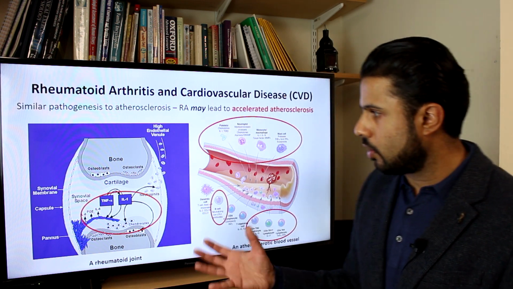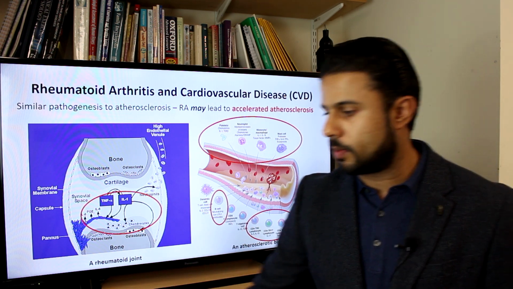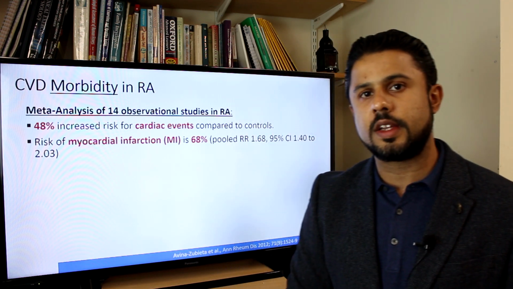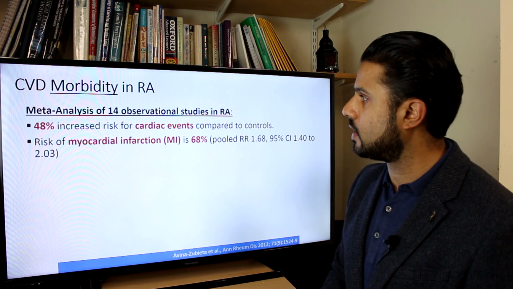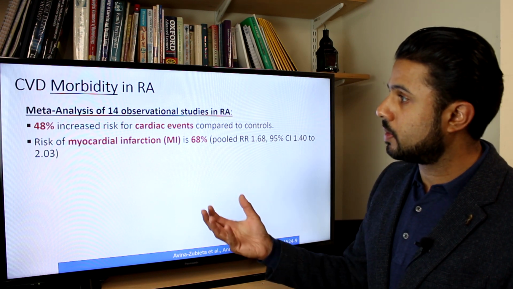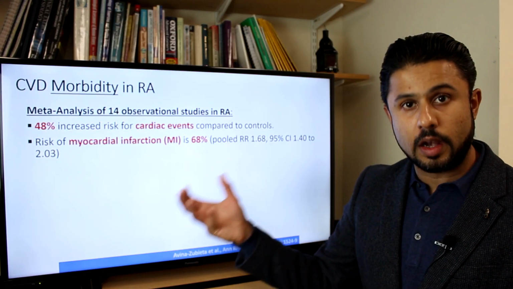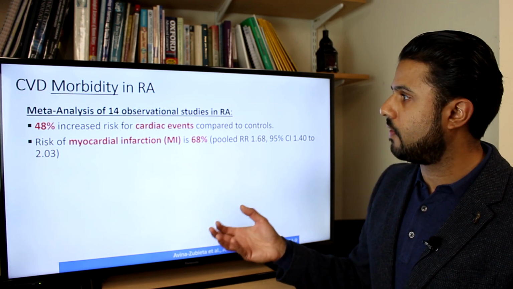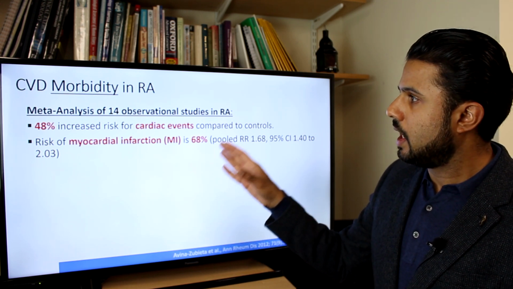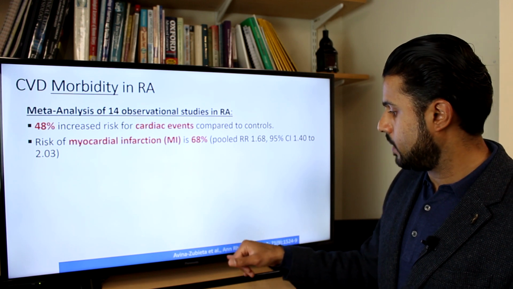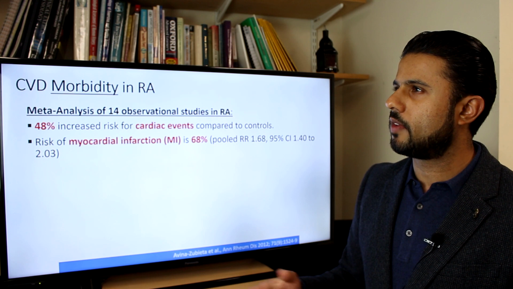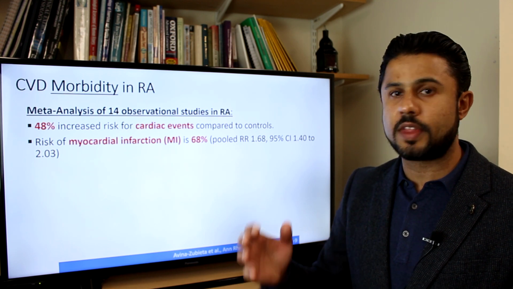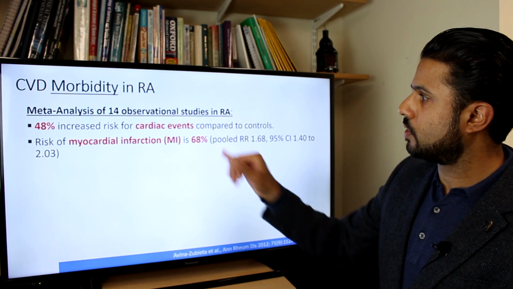So we can see that there's lots of similarities between the joint and the blood vessel, and certainly in scientific studies that have been carried out in populations of rheumatoid arthritis patients, we've been able to observe quite a high risk for cardiac events. This meta-analysis was conducted by Vina Zubieta and published in 2012, and it looked at approximately 41,500 patients from these 14 observational studies.